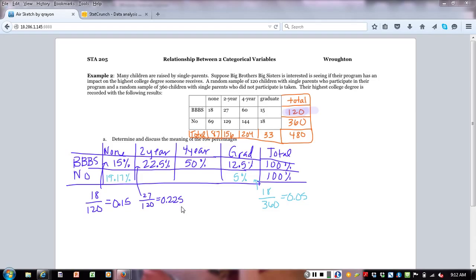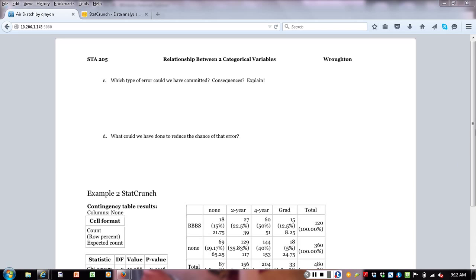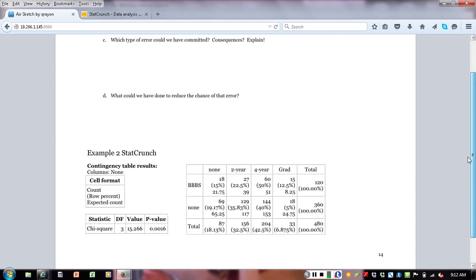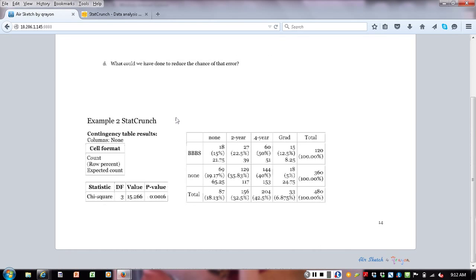Get 19.17% there, 35.83% there, 40% there, and then the 5%. So there's at least calculating them, which we could then verify here with our output from StatCrunch. So that second number is the row percent, so I could check to make sure I got the right numbers.